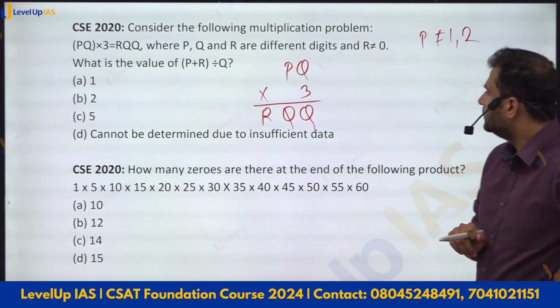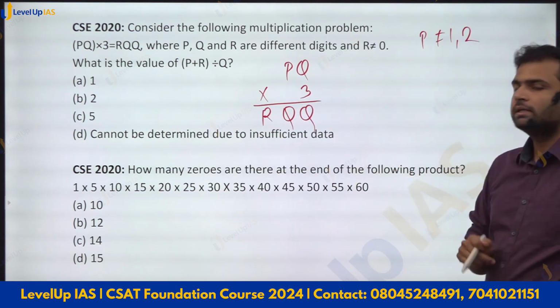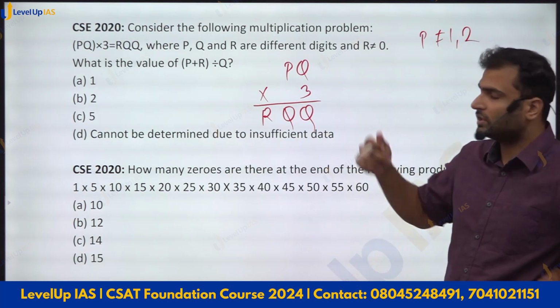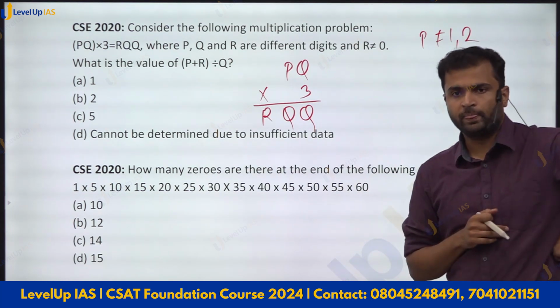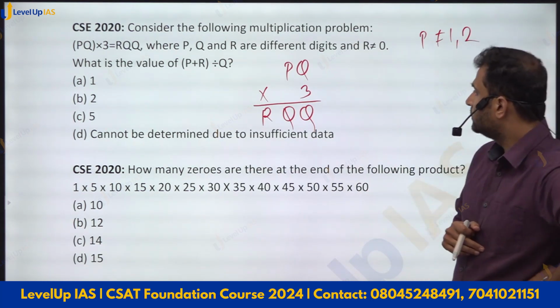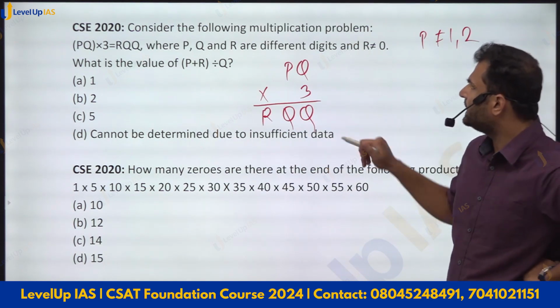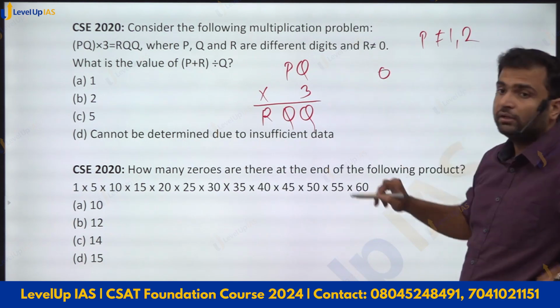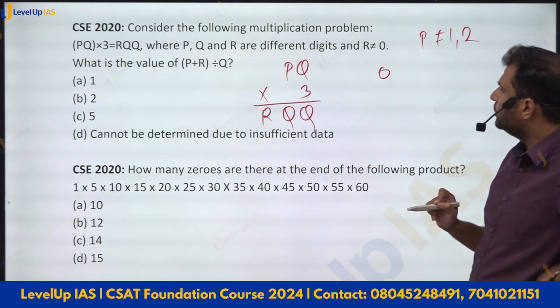Fine. Now 3 into Q is Q. How many such numbers are there? Let us check, like we did in the last question. Can Q be 0? Yes, Q can be 0. Can Q be 1? No. Can Q be 2?